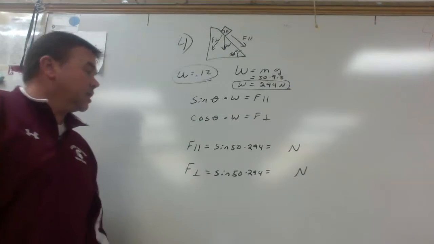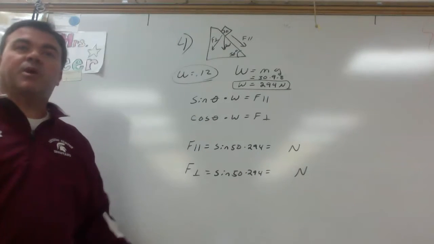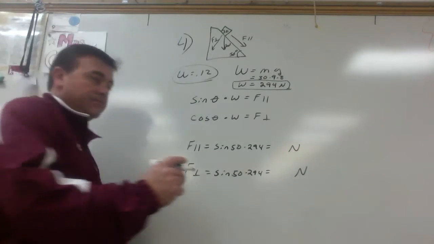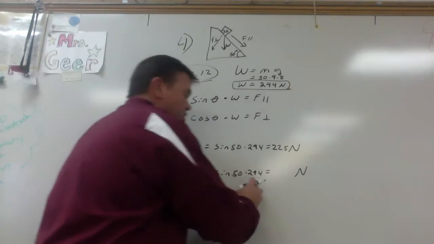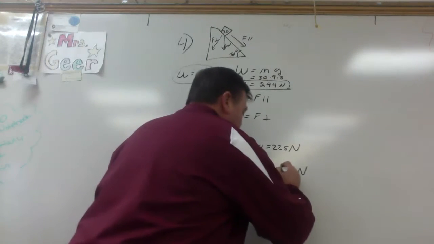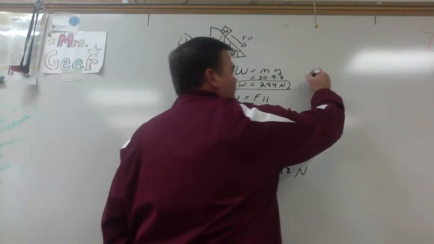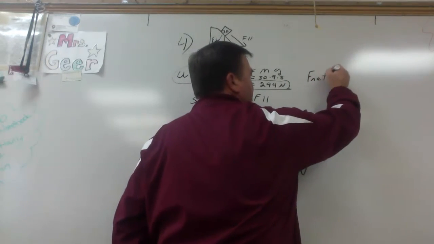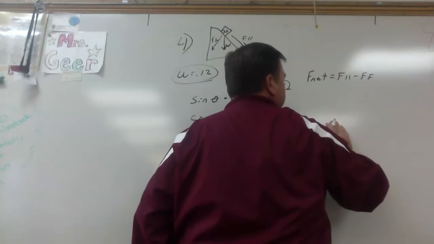Let's just talk for a second about these numbers. What did you get for force parallel? 225 roughly. What did you get for force perpendicular? 188. Okay. Now we know that force net equals force parallel minus force due to friction.